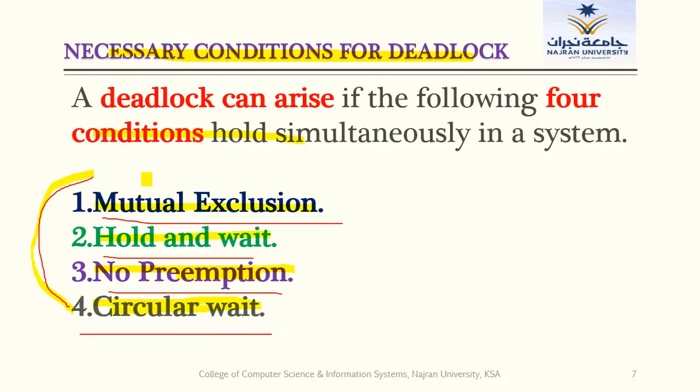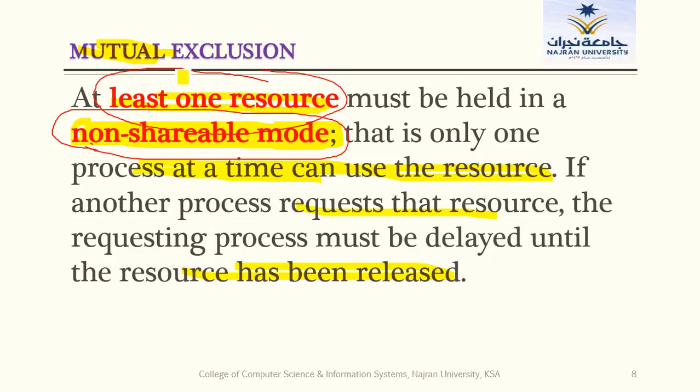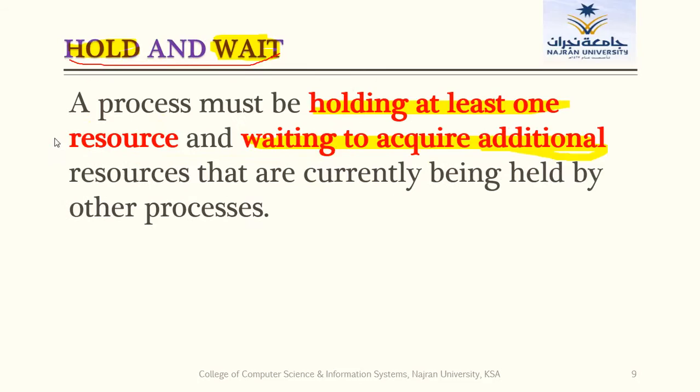Now, what are the necessary conditions of deadlock? We discussed mutual exclusion, hold and wait, no preemption and circular wait. What is mutual exclusion? If the resources in our system are non-shareable, then this situation can occur. So this is the first reason for deadlock. Second, we discussed hold and wait: a process is holding at least one resource and waiting for another resource.